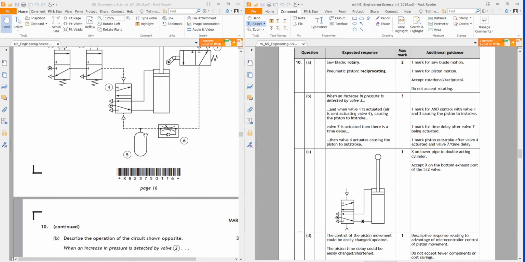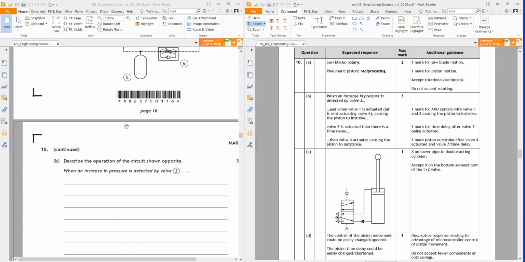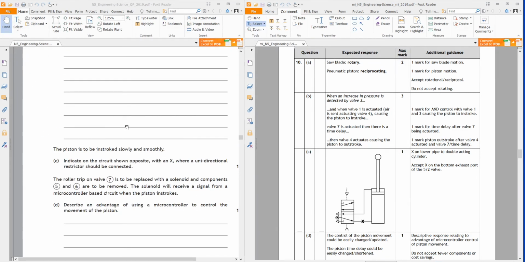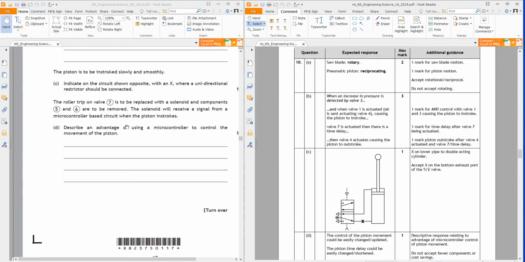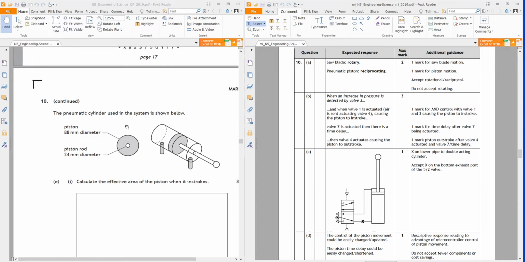The delays aren't very accurate when you're just adjusting the unidirectional restrictor. Right. We could have a solenoid valve going at number 4 and using a microcontroller to control the solenoid. Then we could have a delay of days or seconds or milliseconds if we wanted. It would be very easy to control the delay using that.